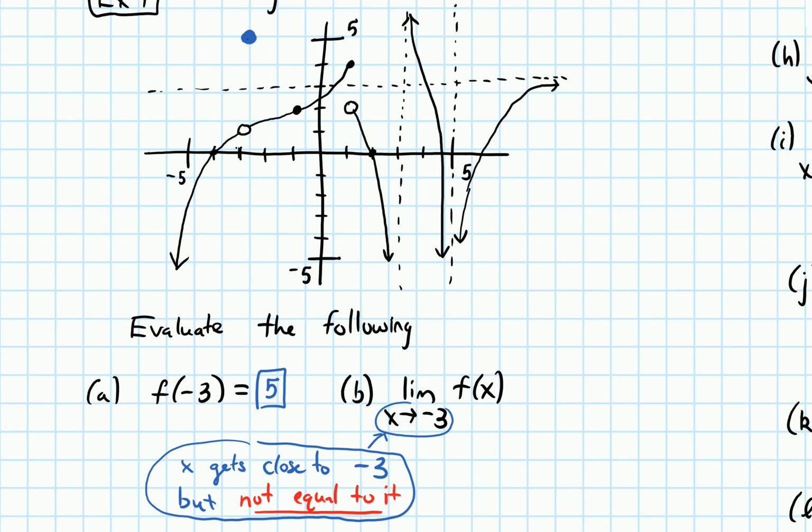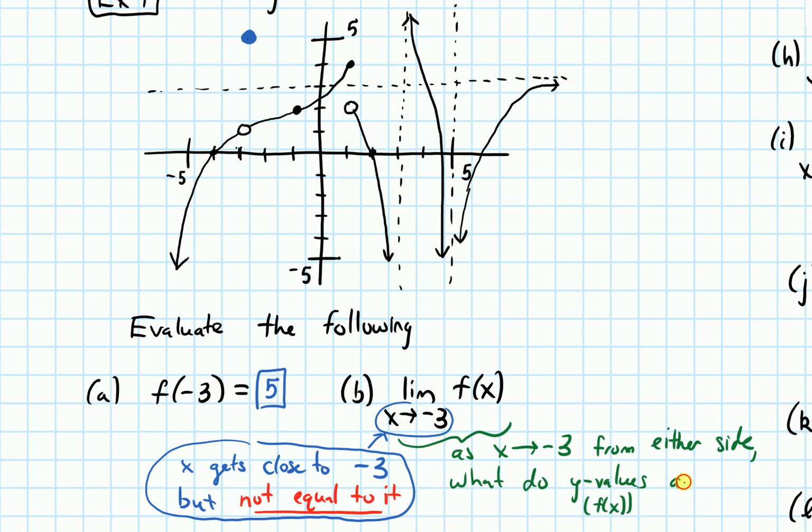So when we see this limit, what it's asking us is, as x approaches -3 from either side, whether we're larger than -3 or smaller than -3, what do the y values approach?